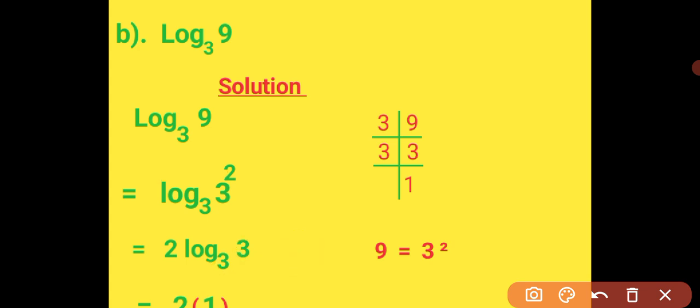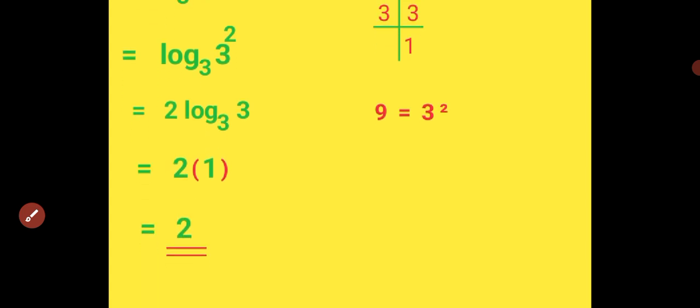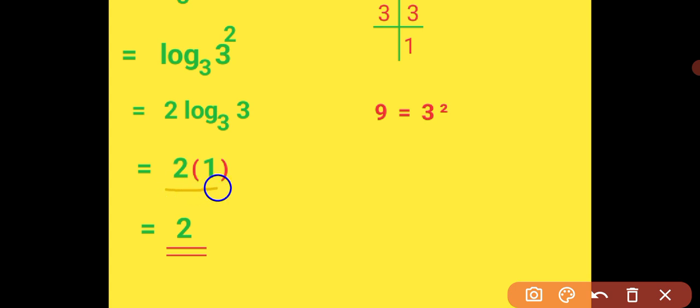If the base is the same as the number, automatically the log of that number becomes 1. So now, as we can see in the next step here, we now have 2 times 1, because 1 is coming from this upper one here.